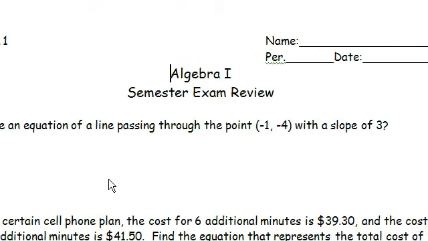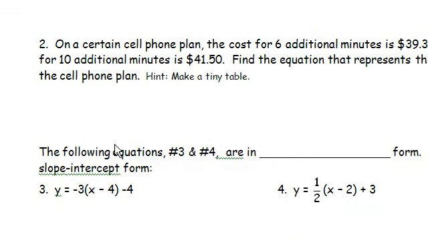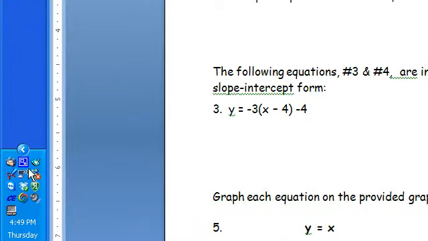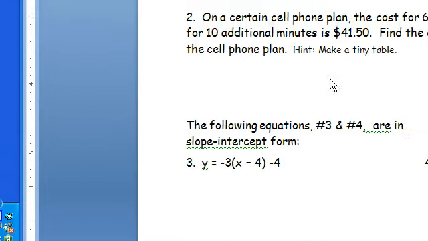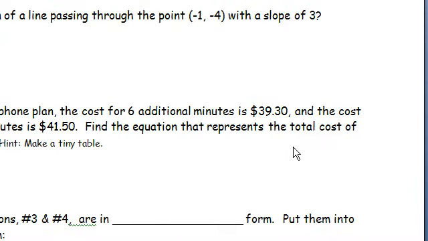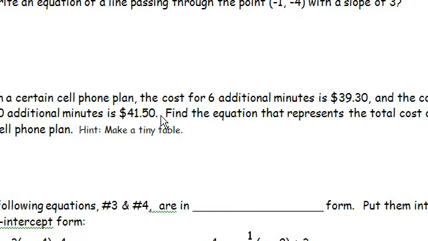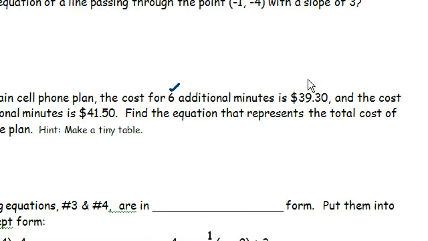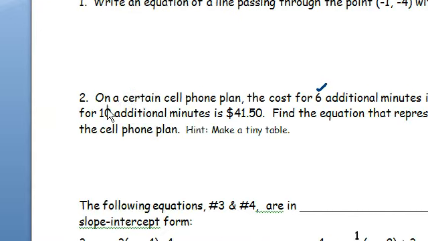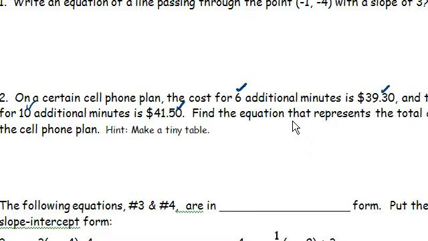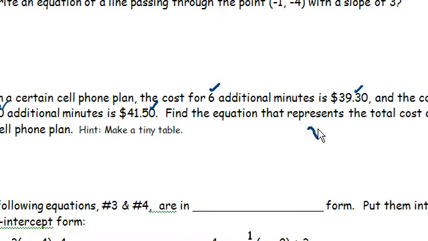All right, let's take a look at number 2. We'll zoom out a little bit here. For number 2, on a certain cell phone plan, the cost for 6 additional minutes is $39.30, and the cost for 10 additional minutes is $41.50. So you need to recognize in this one that the problem gave you 2 data points. Therefore, when you have 2 data points, 6 and $39.30, and 10 and $41.50, you need to know to construct a table.